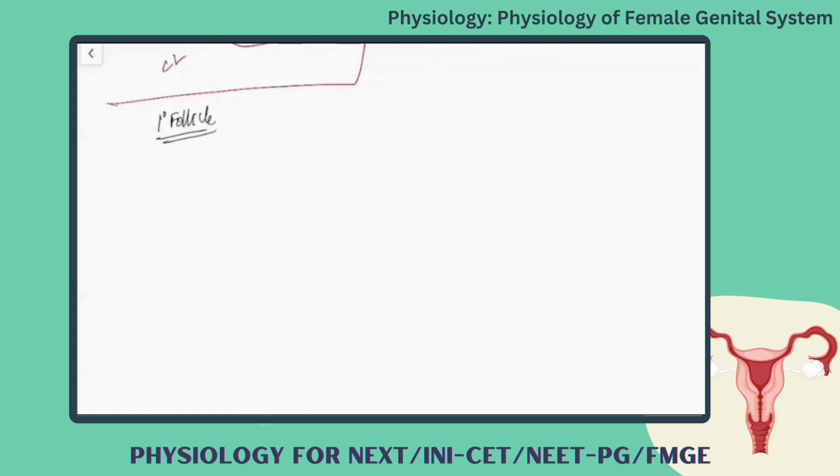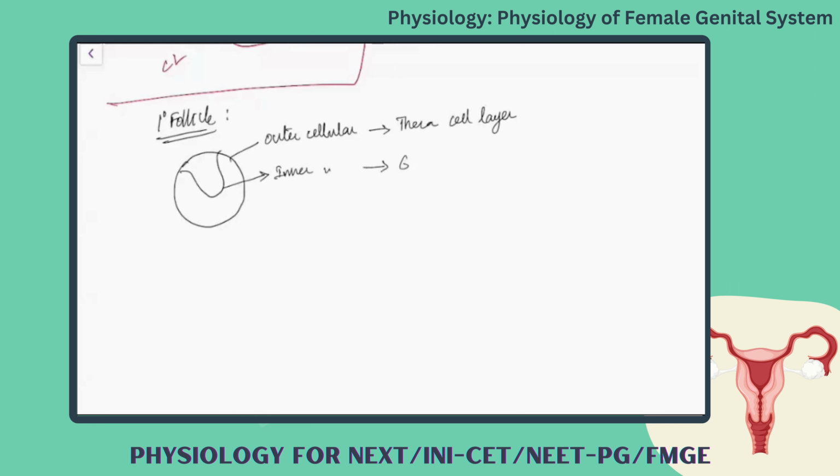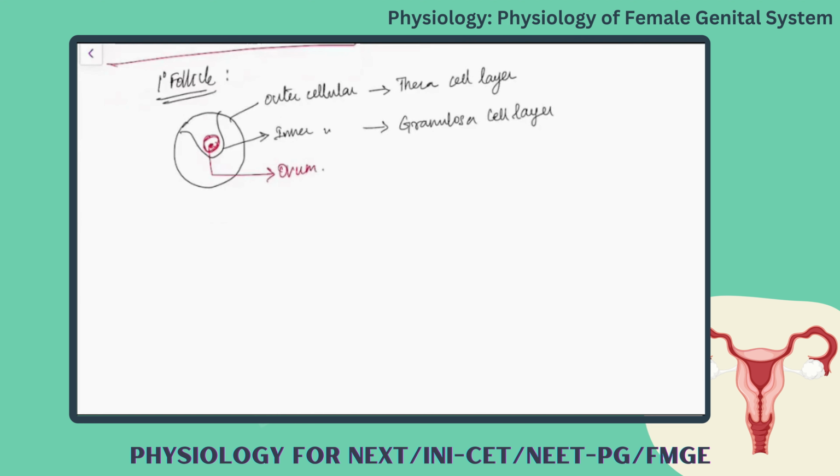This primary follicle constitutes the outer cellular layer called as theca cell layer, and it is having the inner cellular layer called as granulosa cell layer, and inside this inner cell layer you have the structure called as ovum.